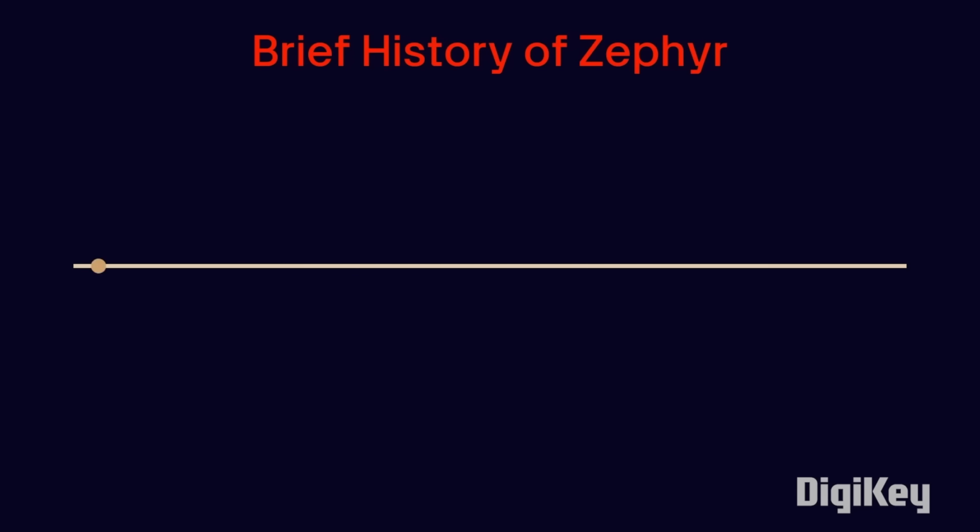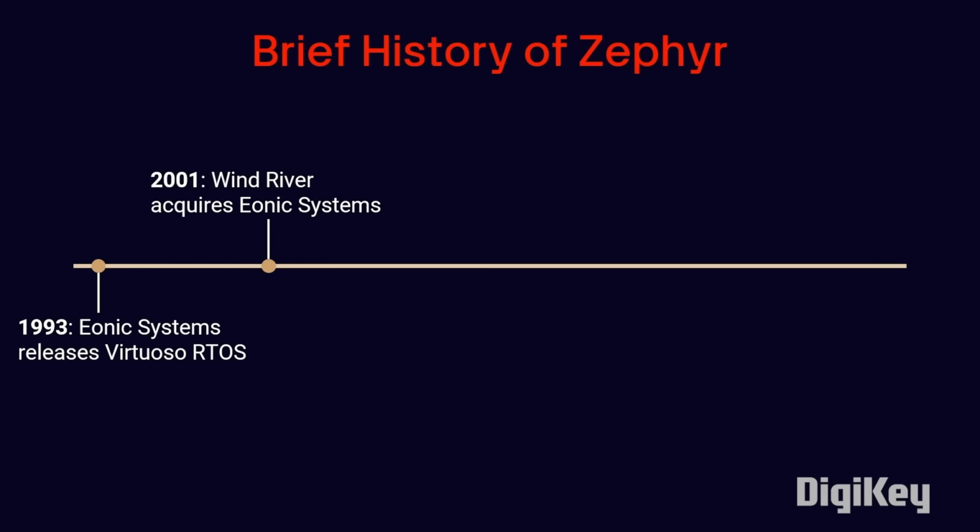Before we install Zephyr, let's talk a little bit about the history. I'm always fascinated by technological timelines, and I like sharing that joy. Zephyr started life as the Virtuoso RTOS for digital signal processors, developed by the Belgian company Ionic Systems. In 2001, Wind River Systems acquired Ionic Systems and eventually open-sourced Virtuoso under the name of Rocket in 2015.